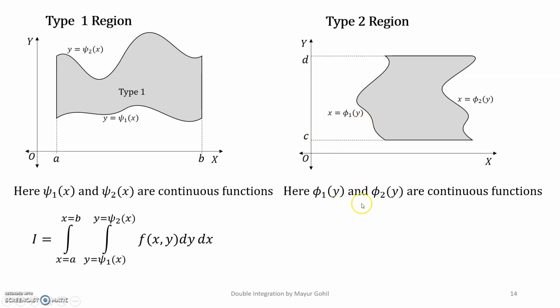Then the integral that I can associate to it for f of x comma y will be the double integral f of x comma y dx dy, and the limits are x equals phi 1 to x equals phi 2, and the limits for y shall be y equals c to y equals d.